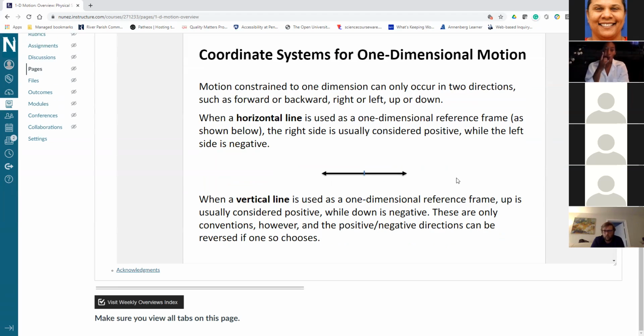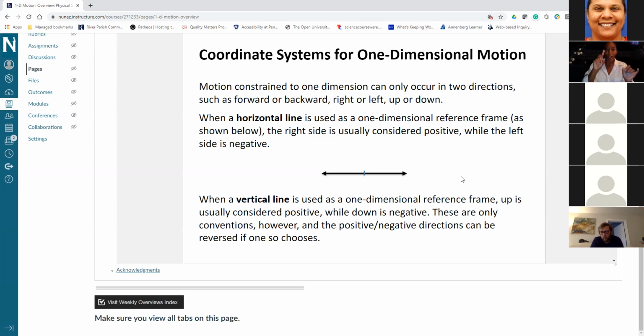So if we're going to be doing one-dimensional motion, as I said, we need a reference frame. Sometimes you hear that referred to as a coordinate system. That is because we're borrowing from the math folk. If you've ever heard of the Cartesian coordinate system, we borrow from them to help us deal with our 1D motion because it's simple.